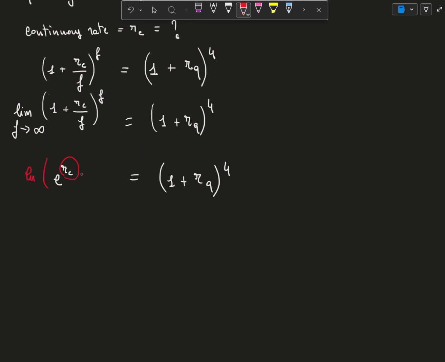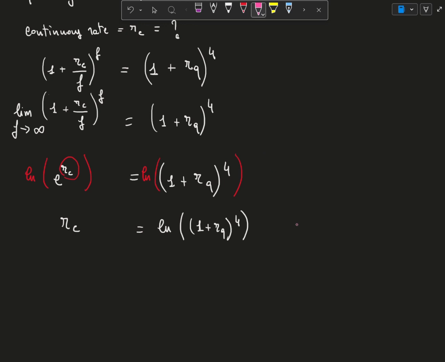And again, we want to solve for RC, and what we can do to isolate RC is to take the natural logarithm on both sides, so that we have RC on the left side and the ln of 1 plus RQ to the power of 4.